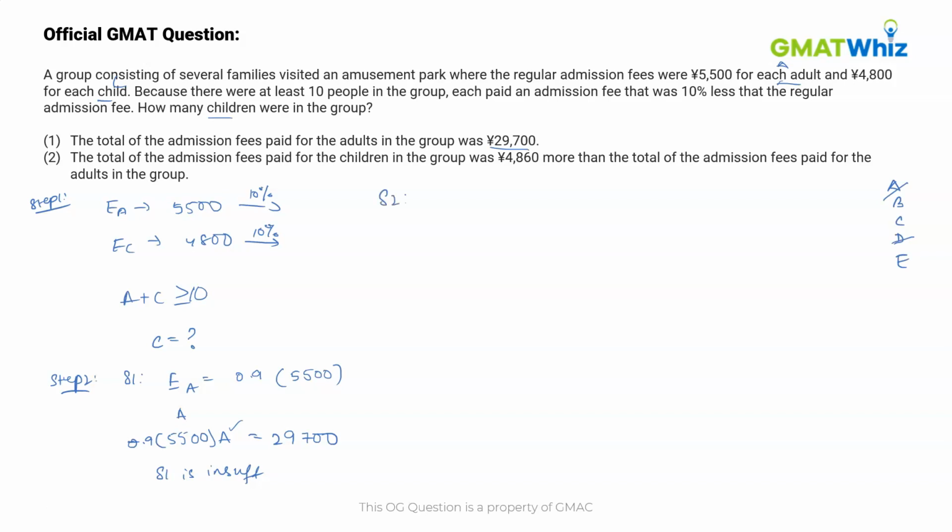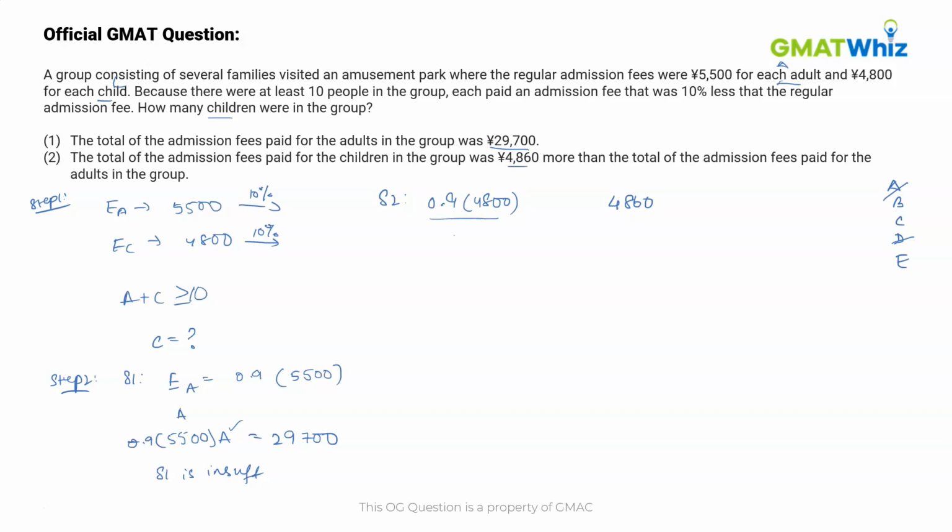We now check the sufficiency of statement 2. In statement 2, we are given that the total admission fee paid for the children in the group was 4,860 yen more than the total of the admission fee paid for the adults in the group. Now, the total admission fee paid for the children in the group can be written as 0.9 times 4800.